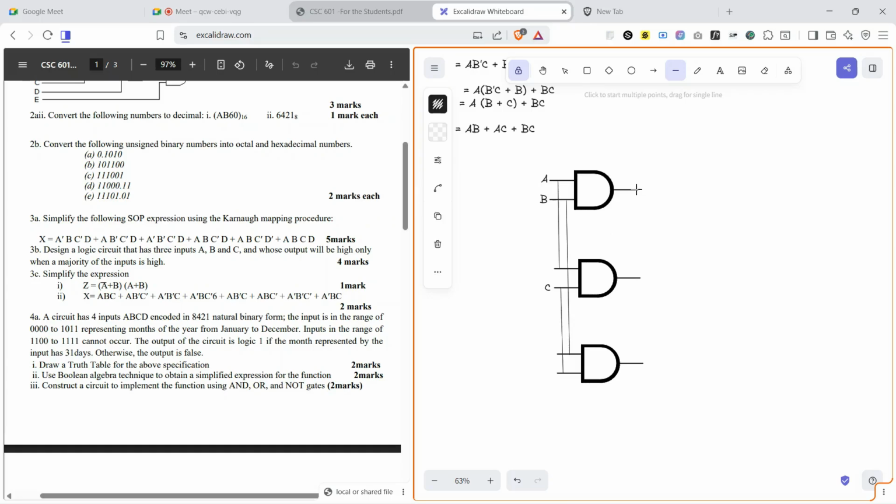But the core thing you want to do now is to make sure that every result of this forms an OR gate.